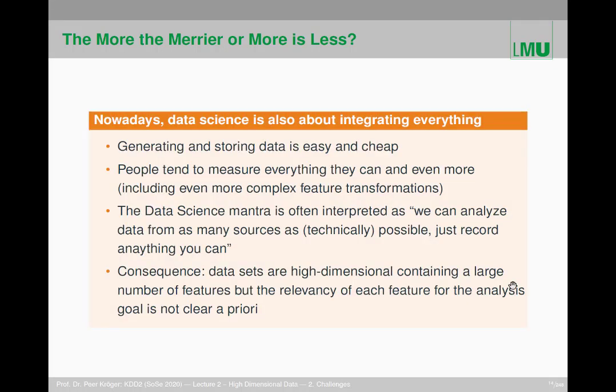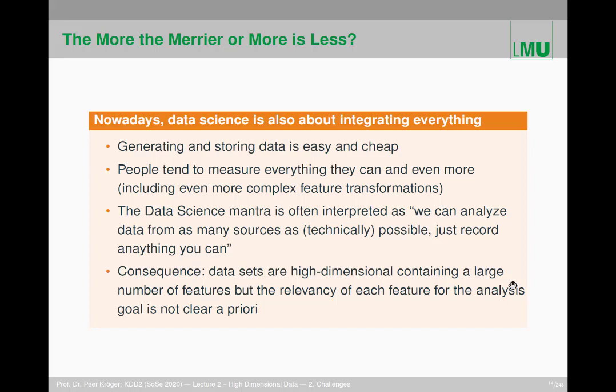But things changed, obviously. We as data scientists are also a little guilty for that, because we told those guys, well, we can do anything, just measure everything. And with the big data era, things changed a lot. Generating and storing data is easy and cheap. So people tend to measure everything they can, even something which they don't think they can.